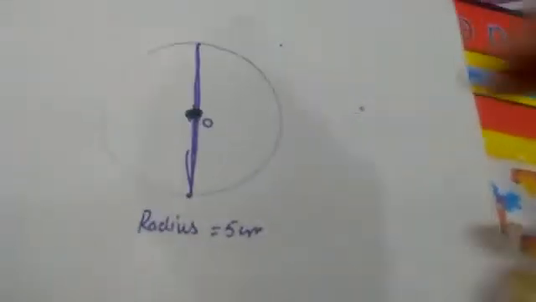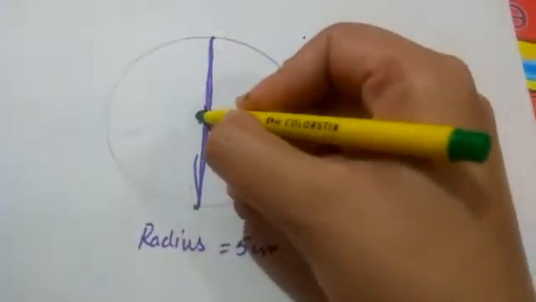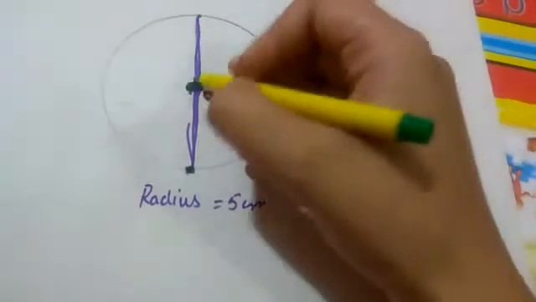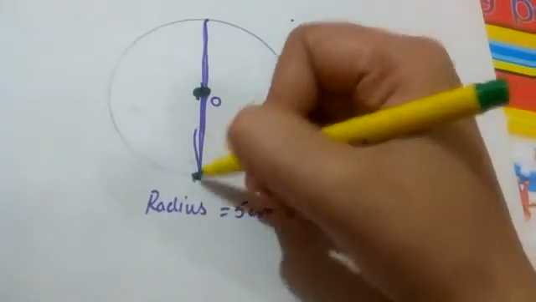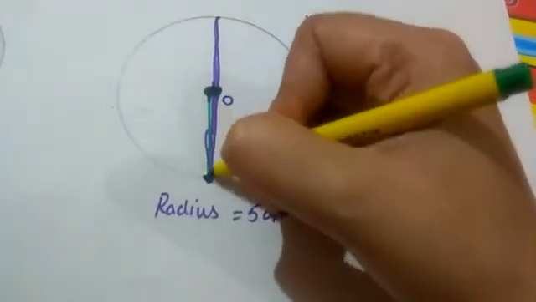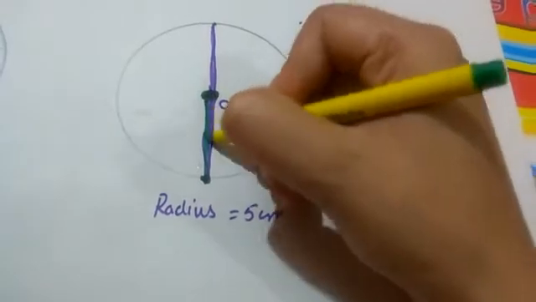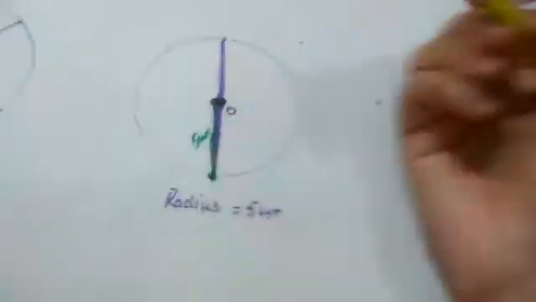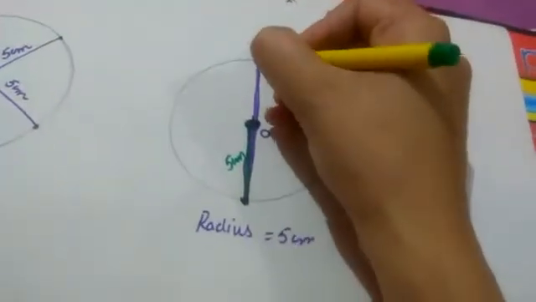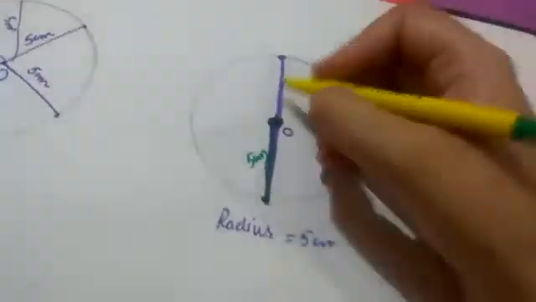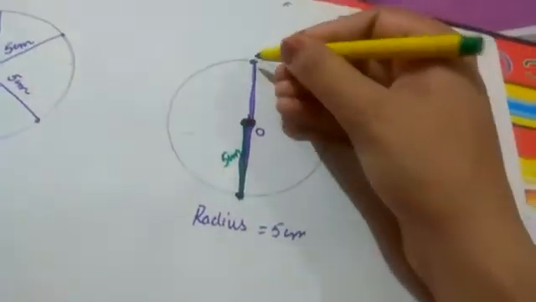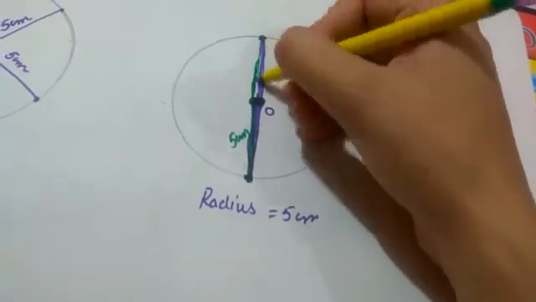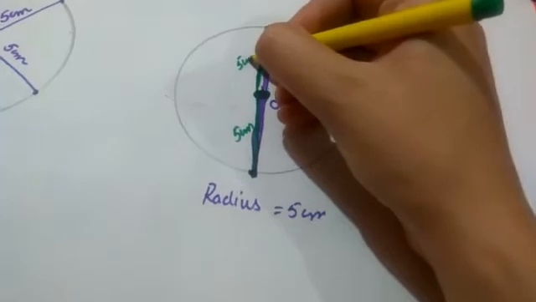Now this is the center and this is a boundary point, so the distance between this point and this point should be the radius, that is 5 centimeters. And this is also a boundary point, so the distance between this point and this point should also be the radius, 5 centimeters.